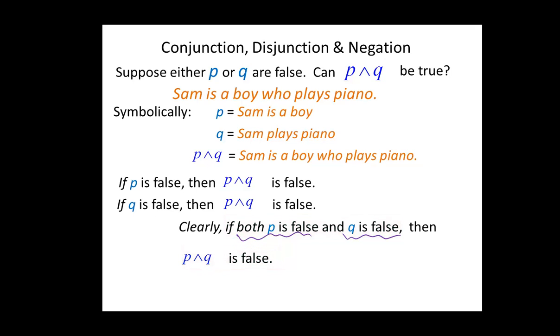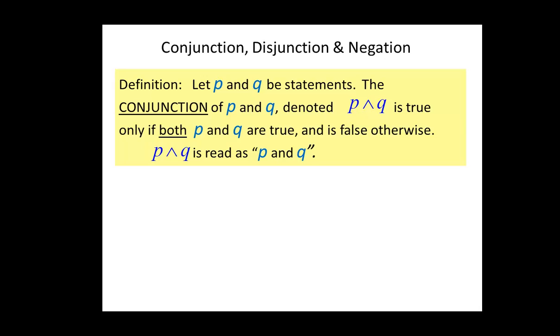That's the AND. So here we go. Let P and Q be statements. The conjunction of P and Q, denoted in this way, is true only if both P and Q are true, and it is false otherwise. And that's P and Q. Here's the symbol, and here's how you might read it.